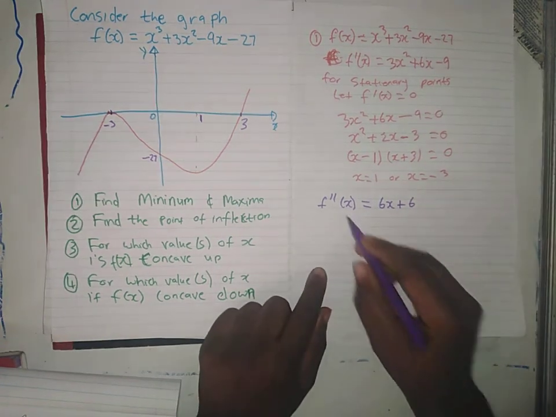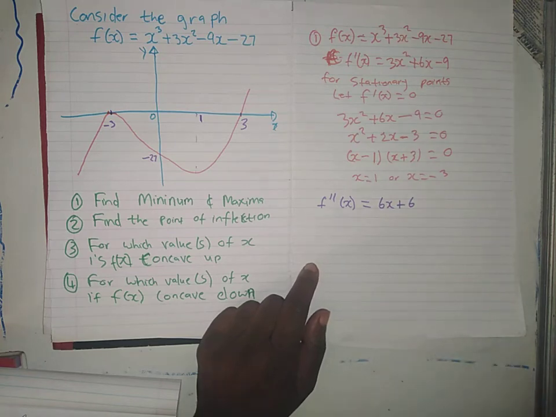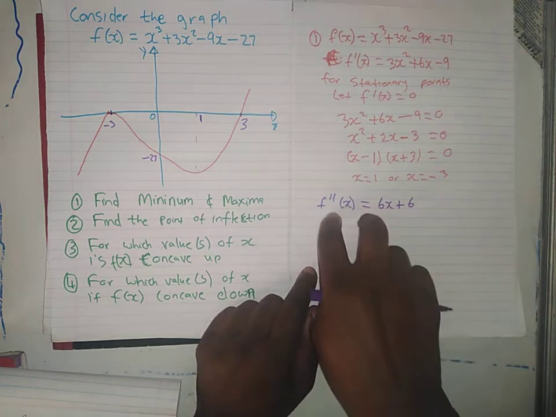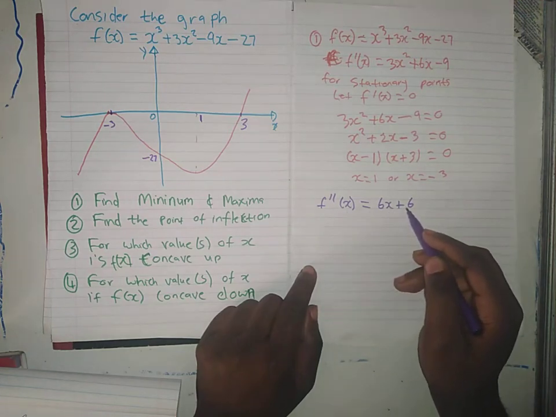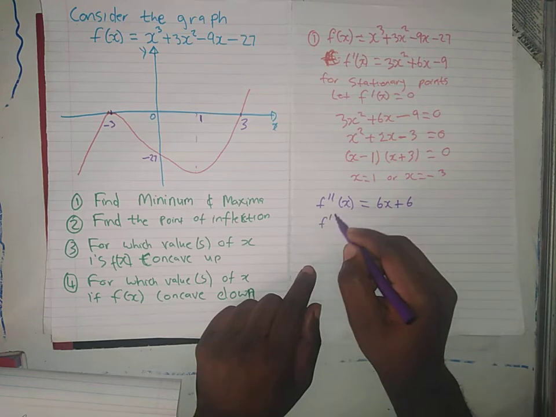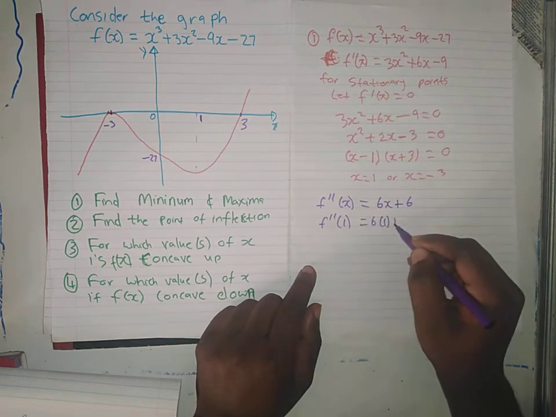Now guys, let's test this one. You want the minimum and the maximum, and you already see it, but you want to make sure. If I give 3 marks for this, I need to see those steps. So f double prime at x is 6x plus 6, and if I test this value, f double prime at 1 gives me 6 times 1 plus 6.